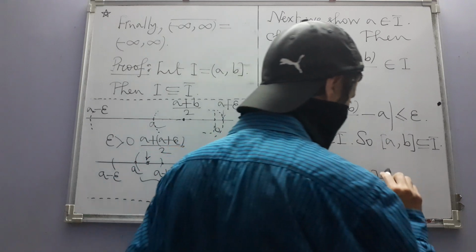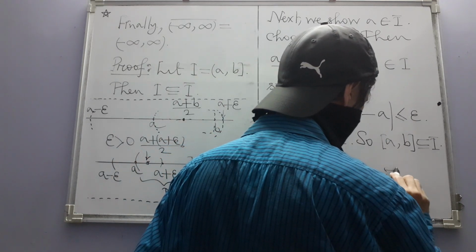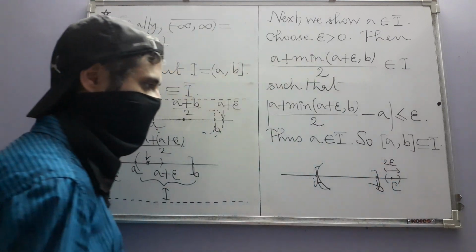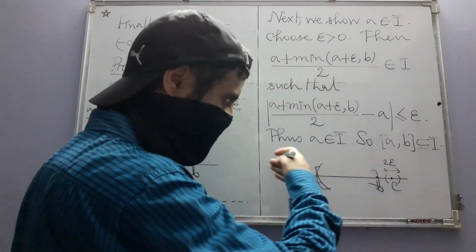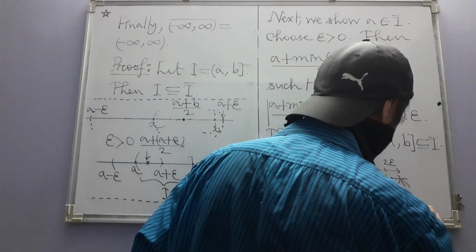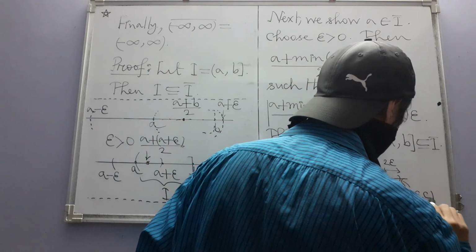And if this region means open interval, of course, it has length 2 epsilon. That means epsilon on that side, epsilon on this side. So the interval actually is C minus epsilon, C plus epsilon.